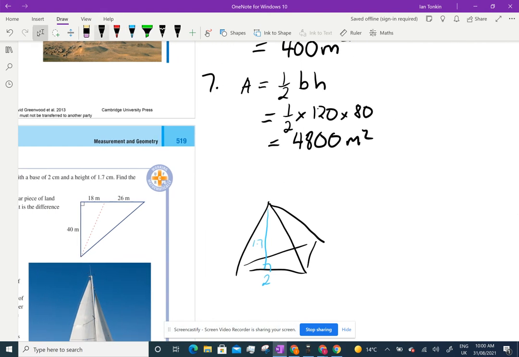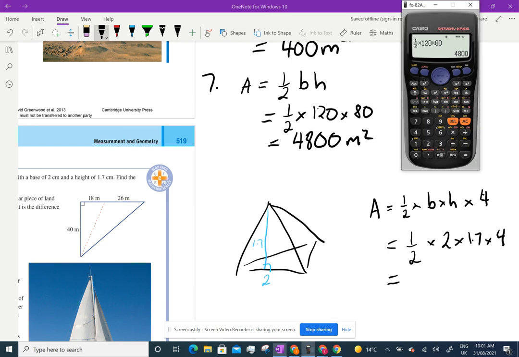So the area of 1 is a half times the base times the height, but I have 4 sides, so I'm going to times it by 4. So it's a half. And the base is 2, the height is 1.7, and I've got 4 faces.